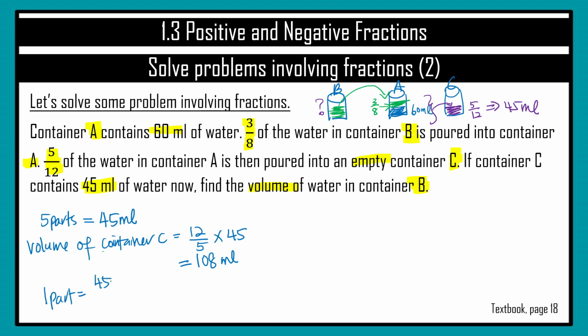It will be 45 divided by 5, which is 9. So I know it's 5/12, means that this container contains a total of 12 parts. So you can use 12 parts multiply with 9, so the total is 108 ml. Still the same. Either way.